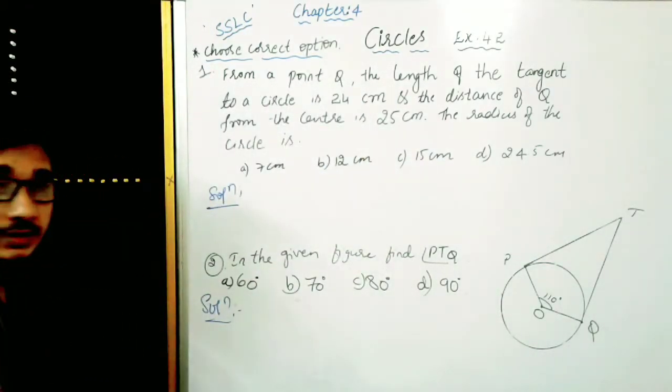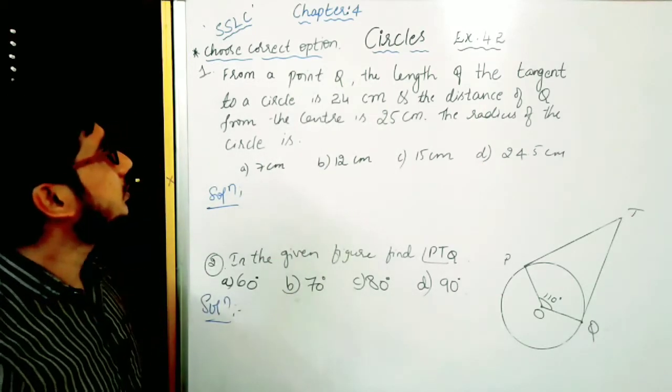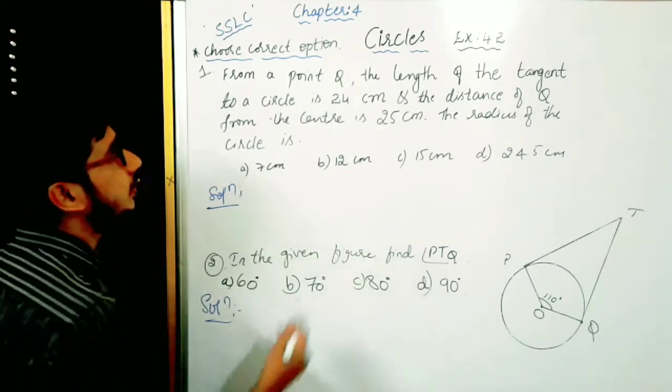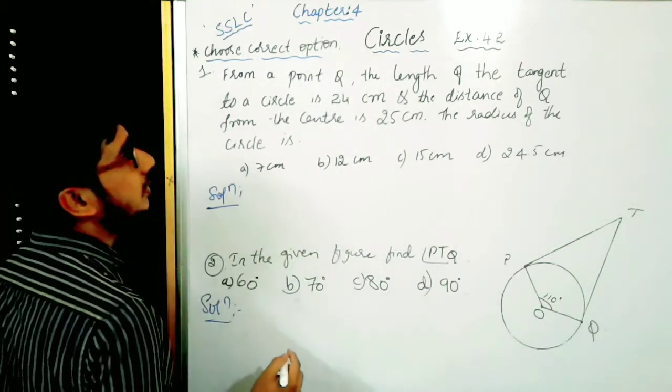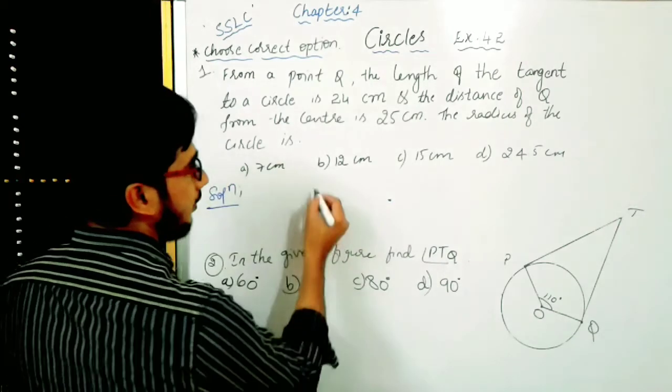So first question is like this: from a point Q, the length of the tangent to a circle is 24 centimeter. See, consider this a point. This is the circle.